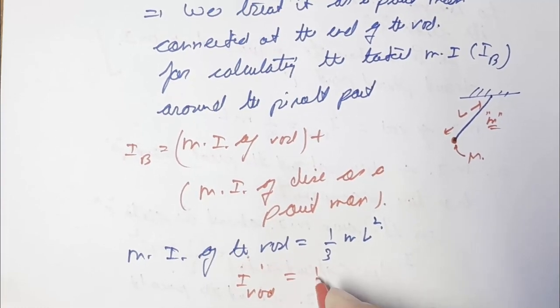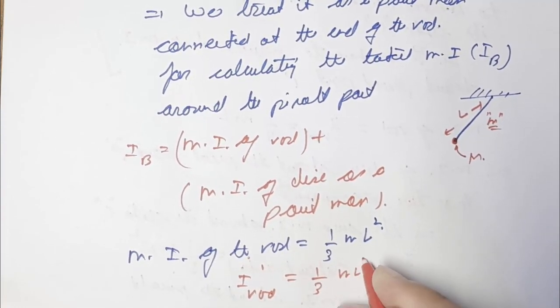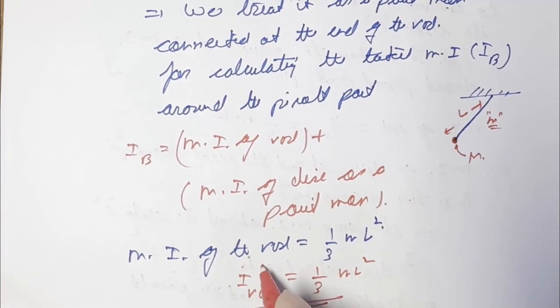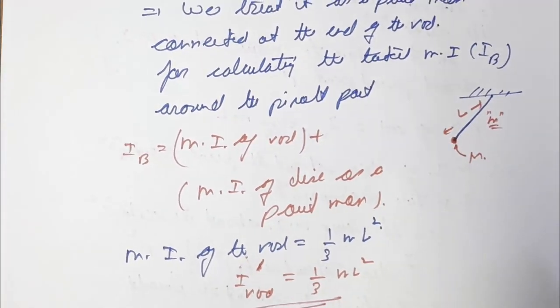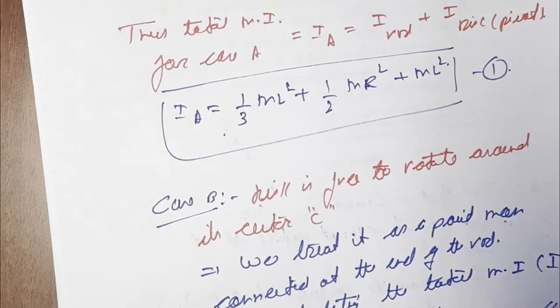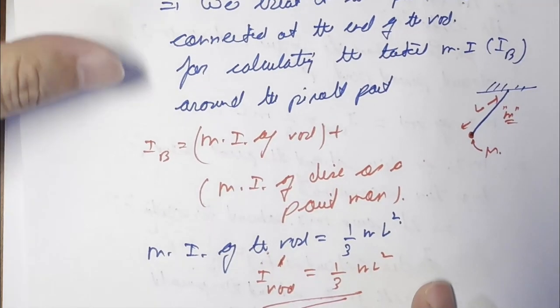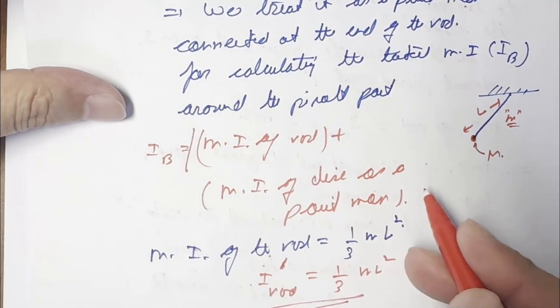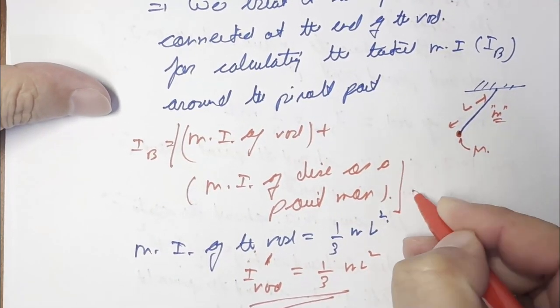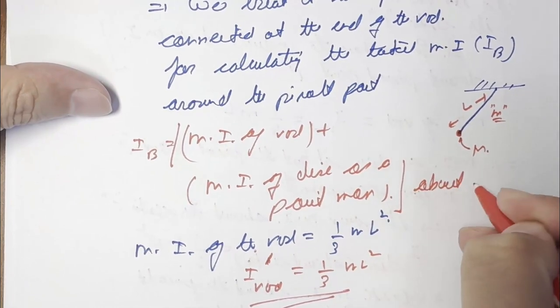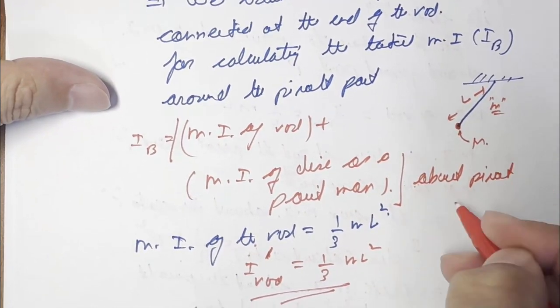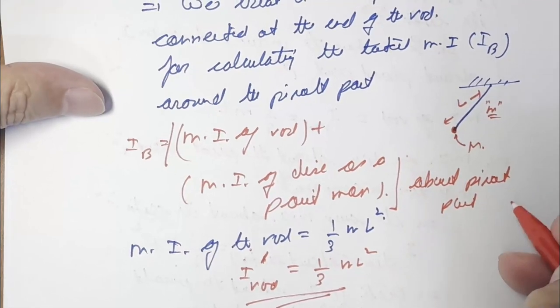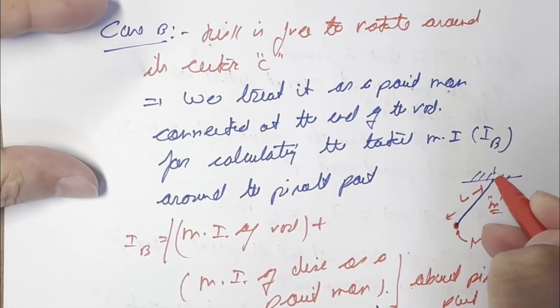So I prime rod will be equal to 1 by 3 m l square, and similarly you can say moment of inertia of the disc about the pivot point. Please keep in mind, this is about pivot point P.